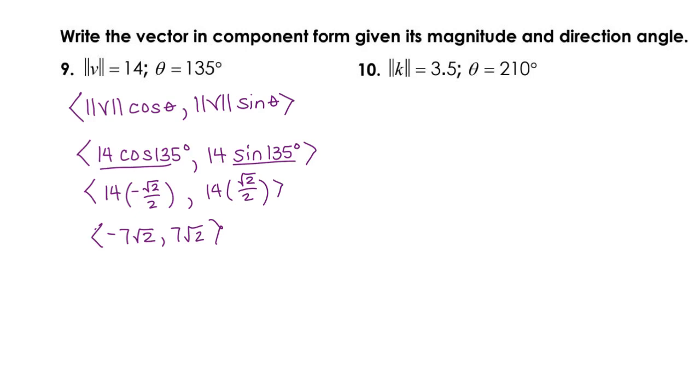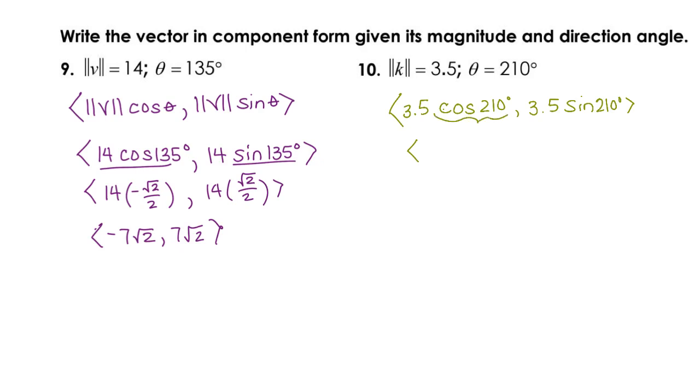So for this one, we're going to have 3.5 times cosine of 210 degrees, and then 3.5 times sine of 210 degrees. All right, and so here again, going through that process, and you can do the exact form or the decimal version of this.